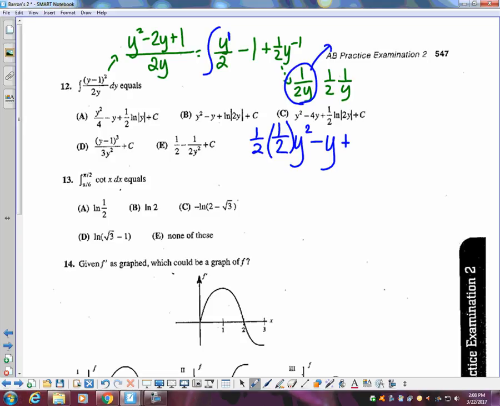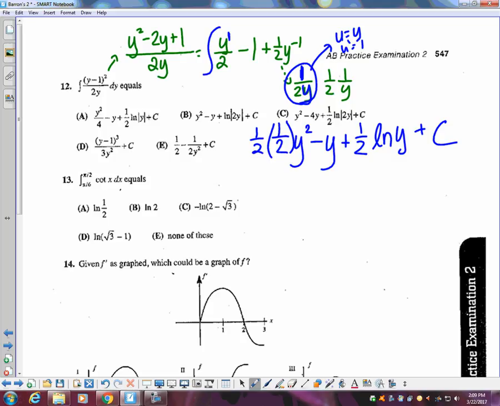If you're doing u-substitution, if you let u be y, u prime is 1, which I have. There's my u prime, there's my u, I have this extra 1/2, and that's ln of y. And then technically plus c because it's not definite.